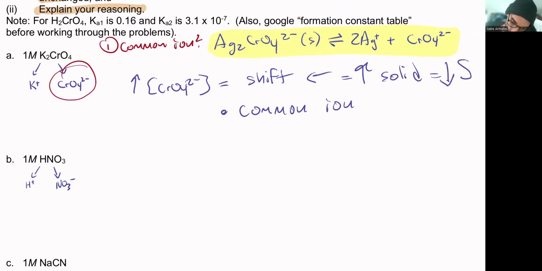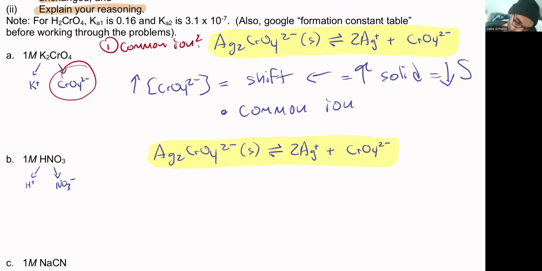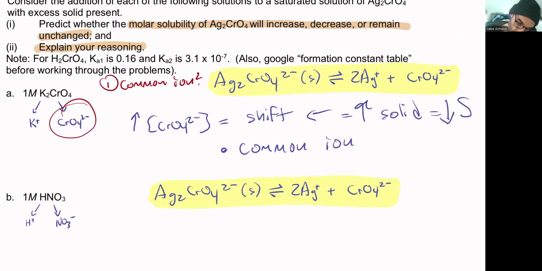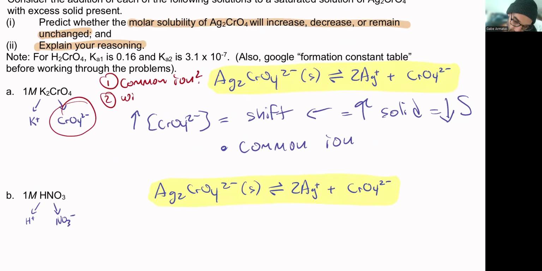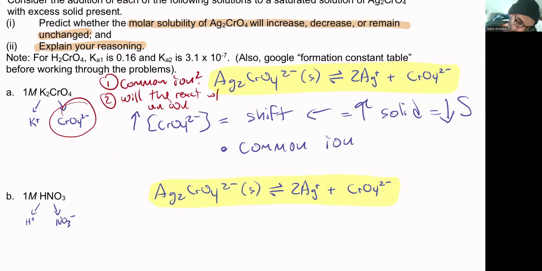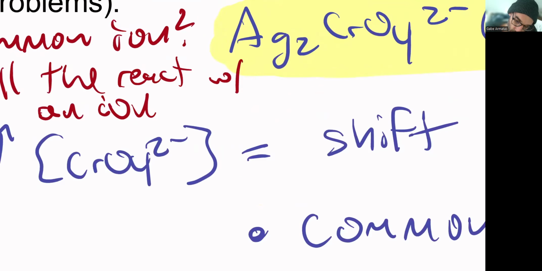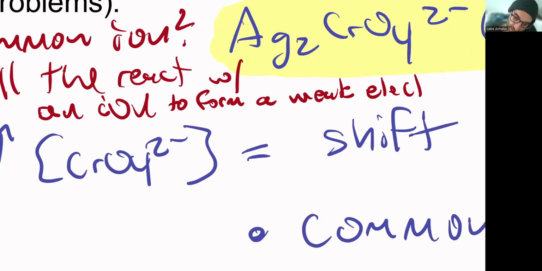So the next question we have to ask is, if the common ion is not present, will they react with an ion to form a weak electrolyte? That's the important part, forming a weak electrolyte.